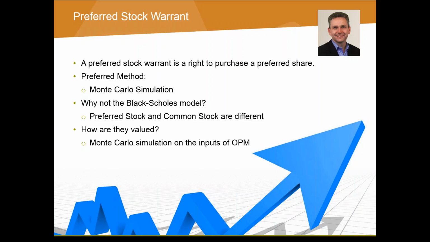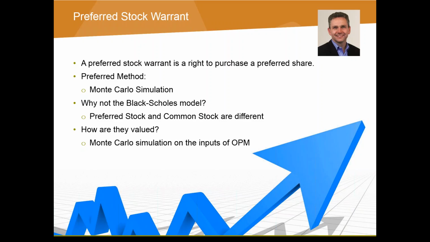But that stops at the liquidation preference, because then the preferred stock would not receive additional distributions until they would convert into common stock. And then after they convert into common stock, again the distribution to the preferred would be in lockstep with the overall distribution. So it's a skewed distribution, meaning you shouldn't use Black-Scholes.